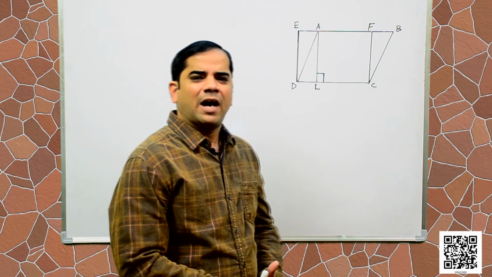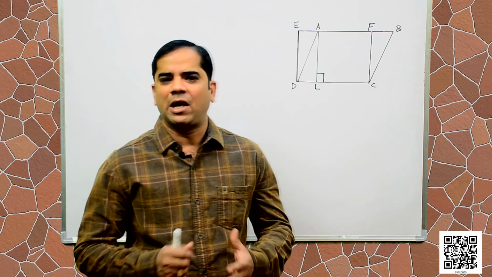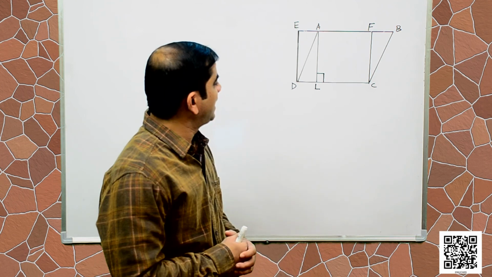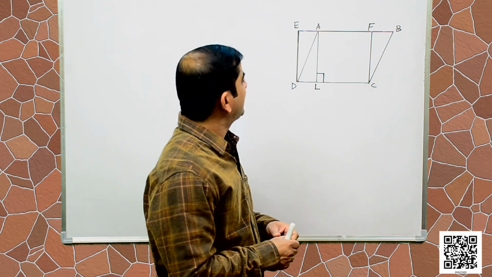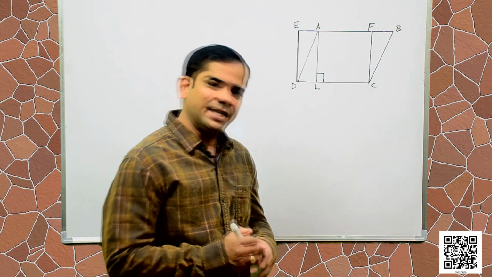We know a rectangle is also a parallelogram. Therefore, area ABCD is equal to area EFCD. Why?